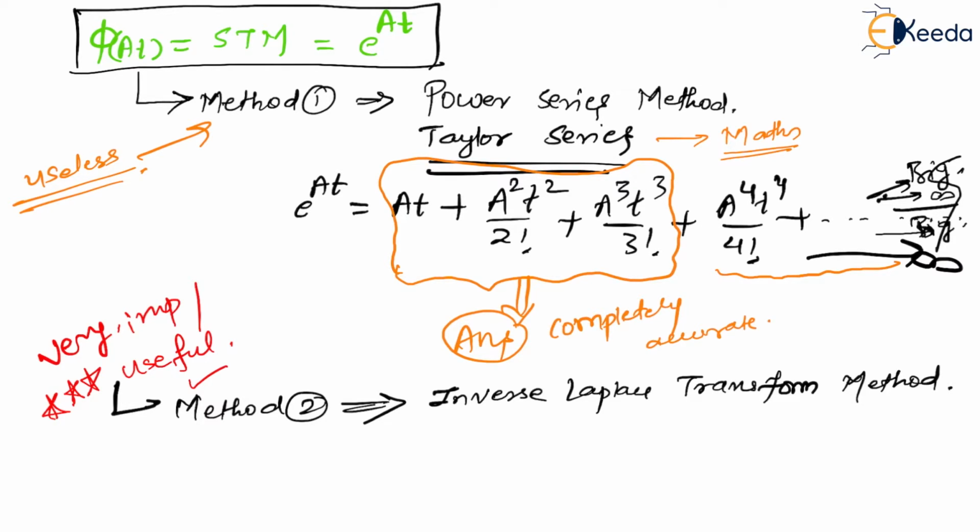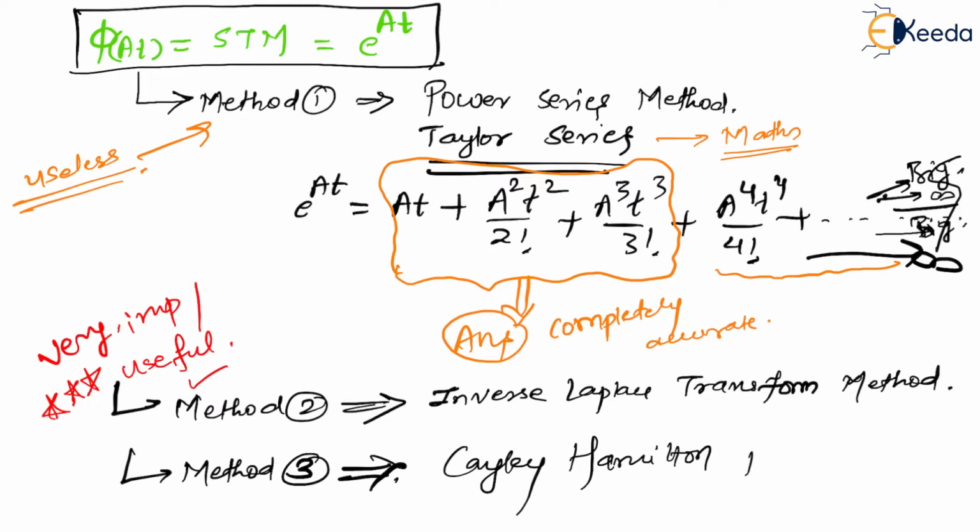Anyways, what is the third and the last one? Method 3 is nothing but the Cayley Hamilton method. What is that method? We will talk, don't worry. So we will be basically dealing with these two methods only: the inverse Laplace transform method and the Cayley Hamilton method, right?